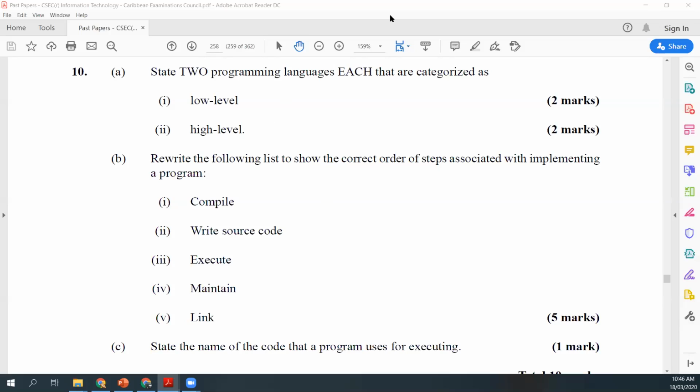Anyone want to suggest? Okay, I'm seeing an answer here in the chat: write source code, compile, maintain, link, and execute. Okay, so that's not the correct order. There are some things that are in the right spaces, but some are not.